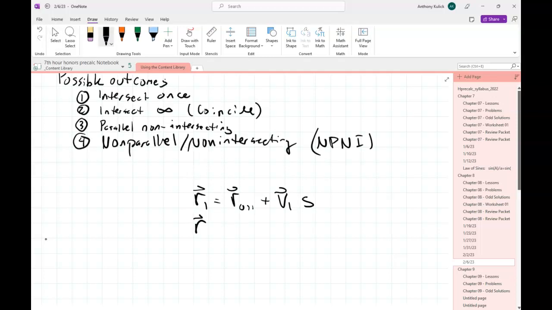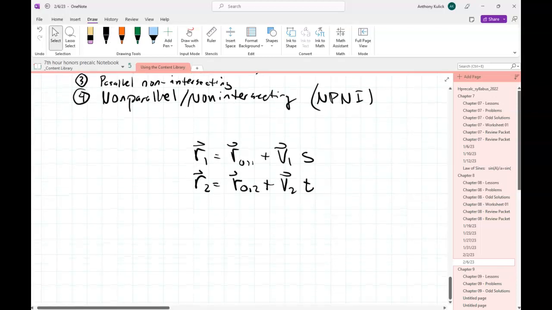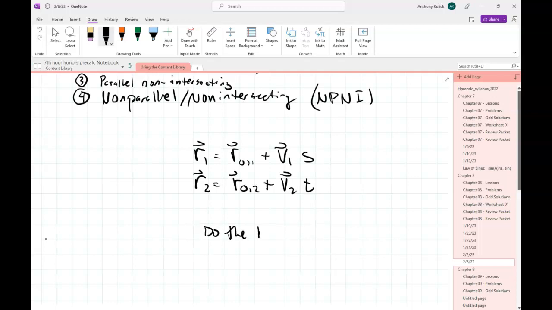And my other line is R2 with point vector R02, direction vector V2, and parameter T. And we're trying to figure out what these two lines are doing.